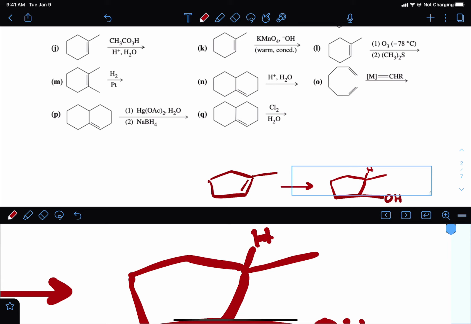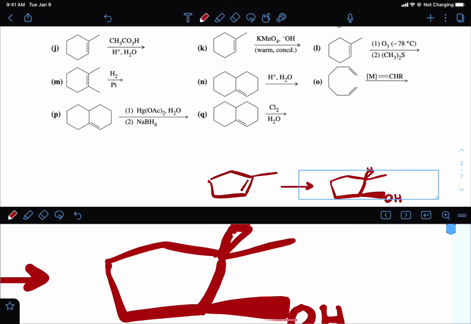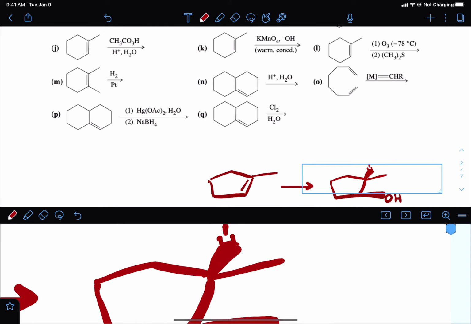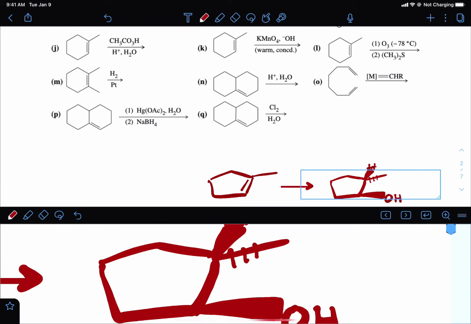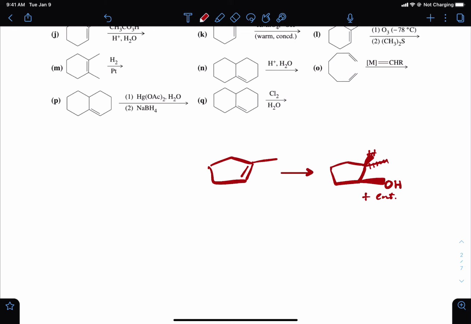And the H and the OH are always syn. So that means that if the OH is wedged, the H is wedged, which means that the methyl will be dashed. Okay, so that's that product.